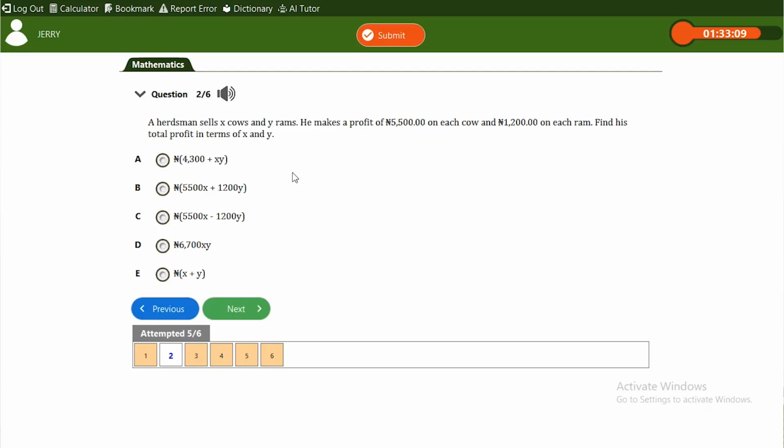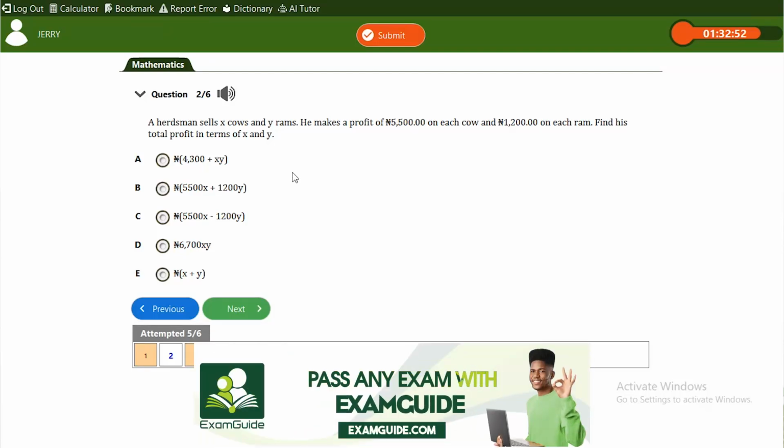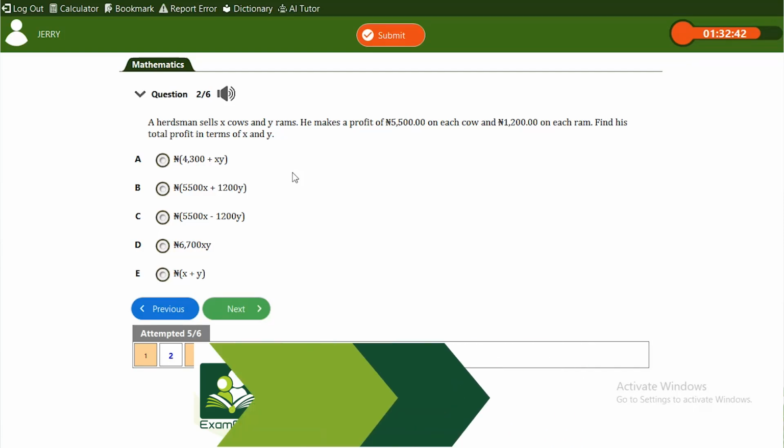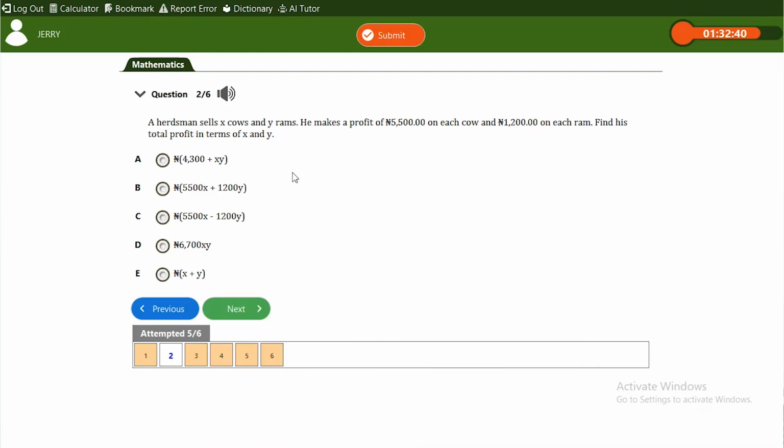Okay, let's just see this last one. A herdsman sells X cows and Y rams. He makes a profit of 5,500 naira on each cow and 1,200 naira on each ram.